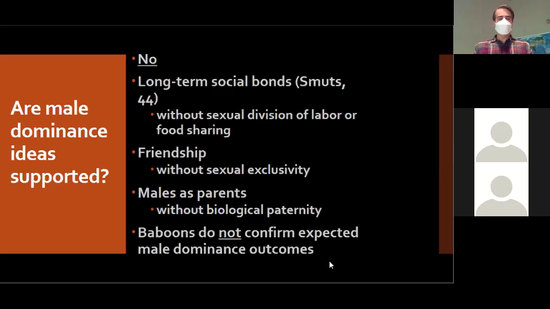So it's an interesting article, in part because Barbara Smuts, like some of the other very famous primatologists, went into the field with a number of ideas that people had about primate behavior and expectations about what non-human primates were going to be like.